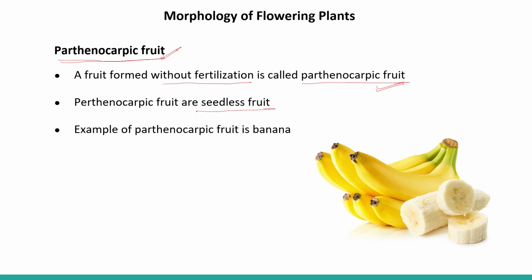Parthenocarpic fruits are seedless, and if seeds are present, they do not give rise to a new plant. In the case of banana, which is one of the parthenocarpic fruits, we have never seen the seeds of banana give rise to a new plant.